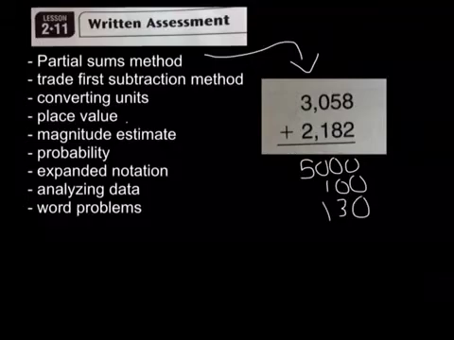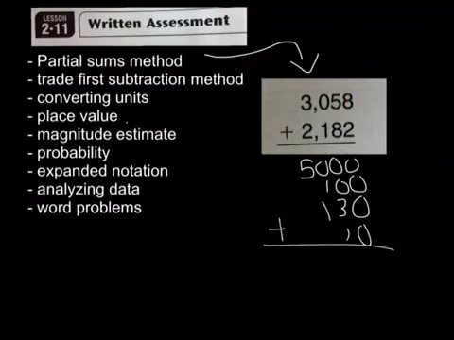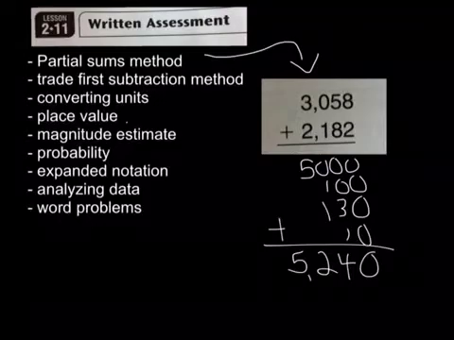And then 8 plus 2 is 10, and you simply write the number 10. Go ahead and add it. You get 0, 4, 2, and 5. So your answer is 5,240. This, boys and girls, is the partial sums method.